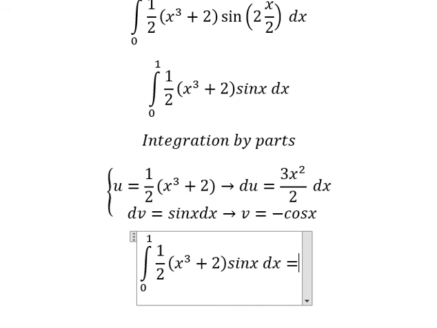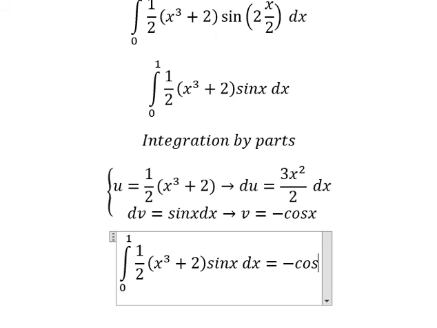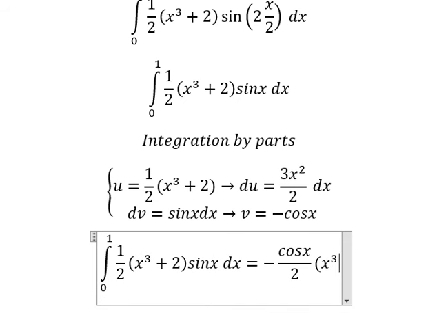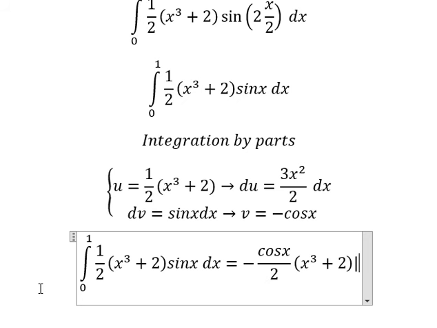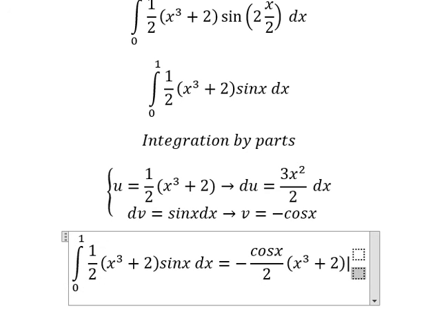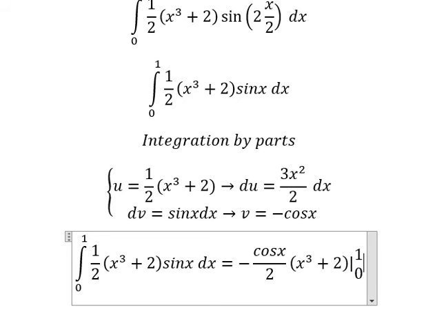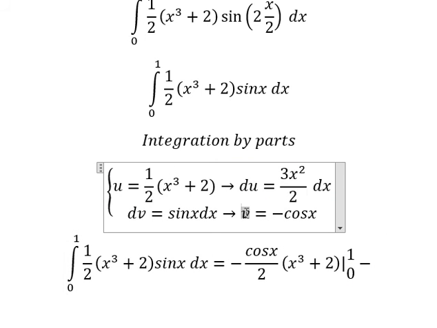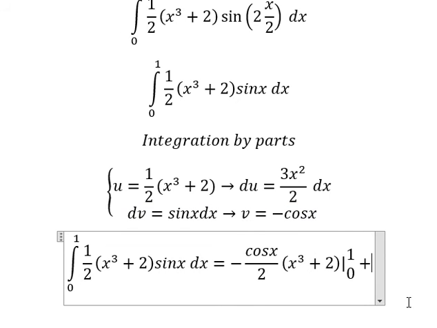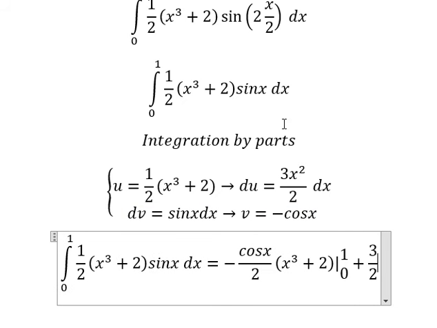So we have u multiplied by v. And now we put the bounds from 0 to number 1. Minus, we have u multiplied by v. So negative and negative, we have positive, and we have 3 over 2.